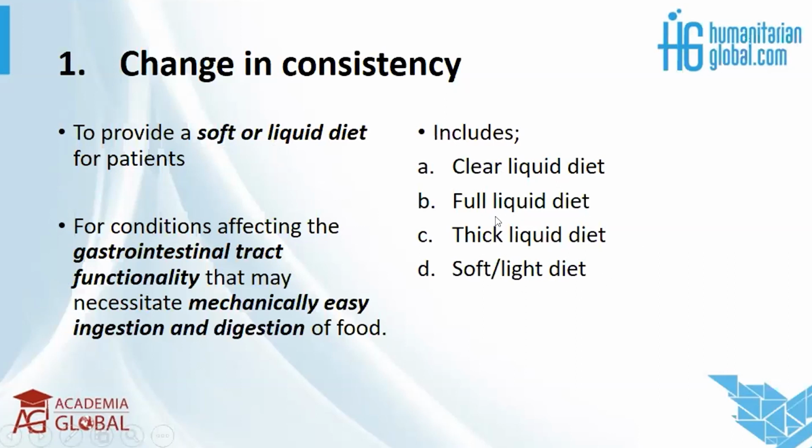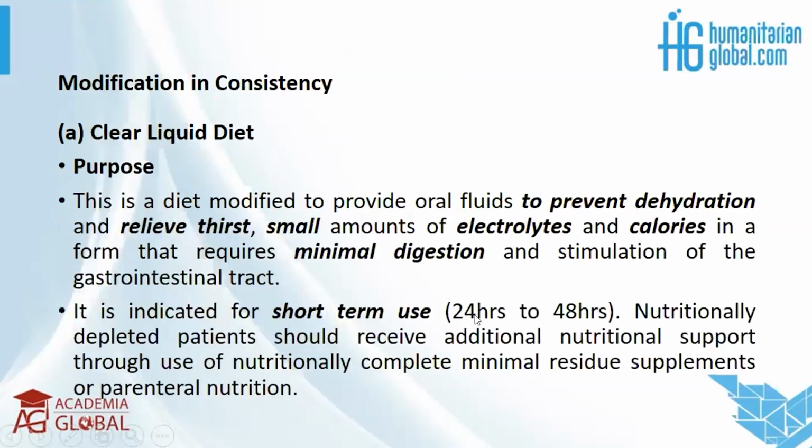So let us start with a clear liquid diet. What is that? Where is it used? How can we do that? When we are modifying consistency to make a clear liquid diet, why do we do this?